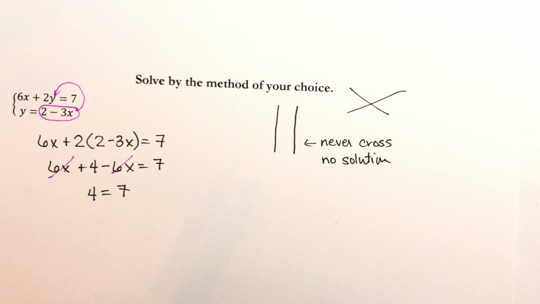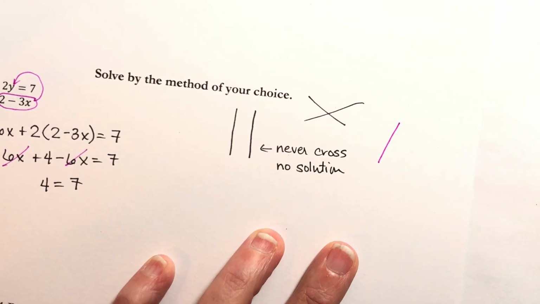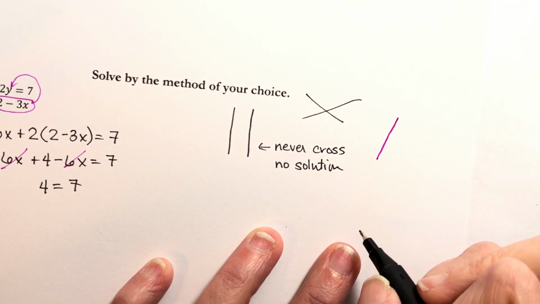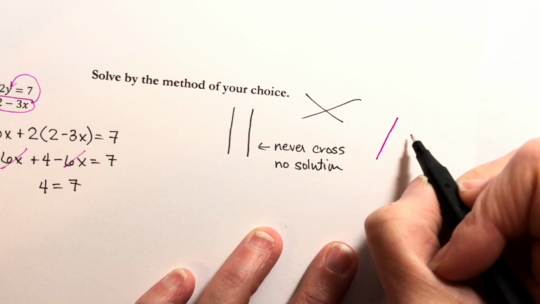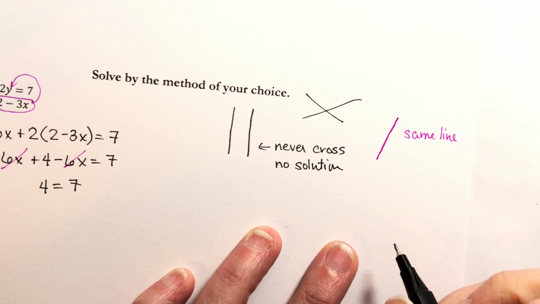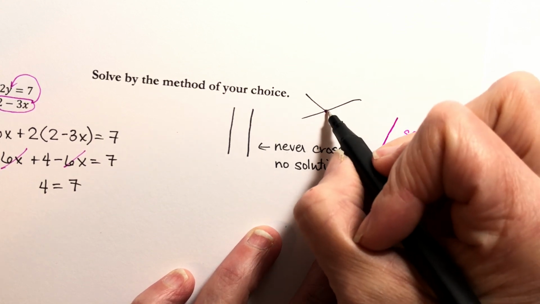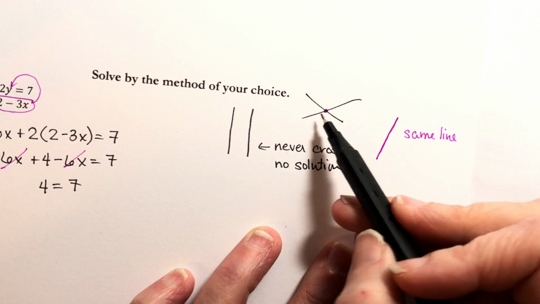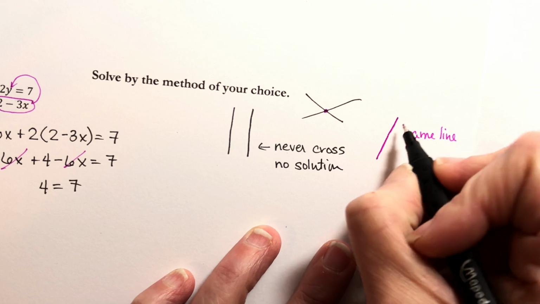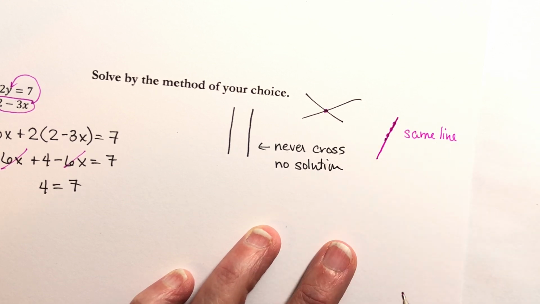The other possibility, the other special case, would be that you graph your first line, and then you graph your second line and realize that they are the same line written in two different forms. Okay, and then if your answer is usually where the lines cross, or the one point where they have in common, well, here they cross, quote unquote, or the points they have in common are every single one.